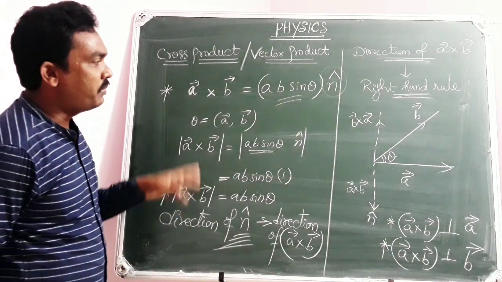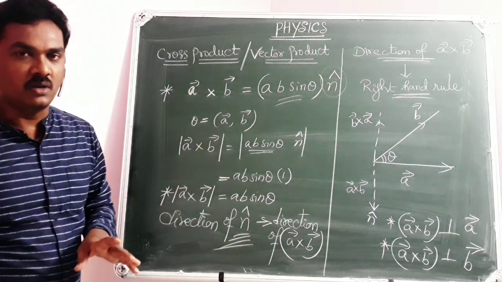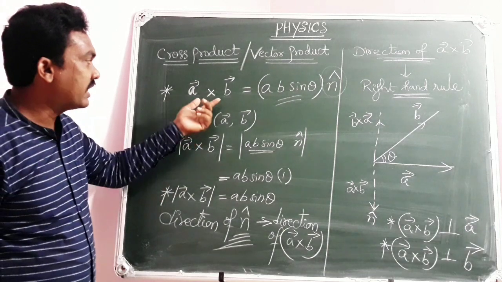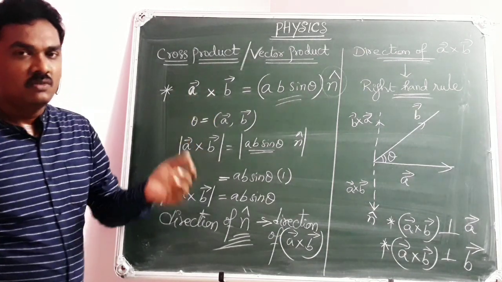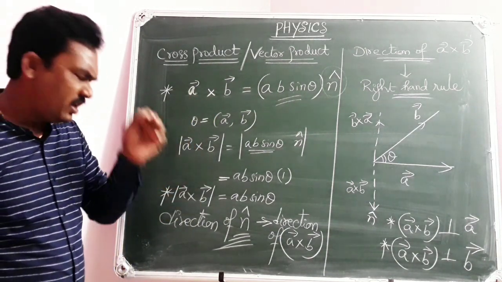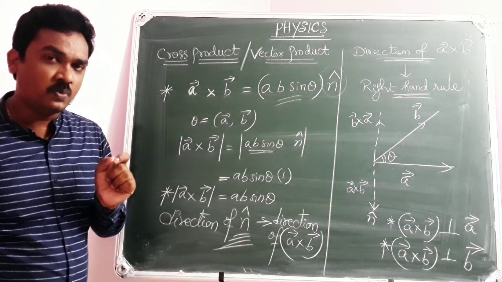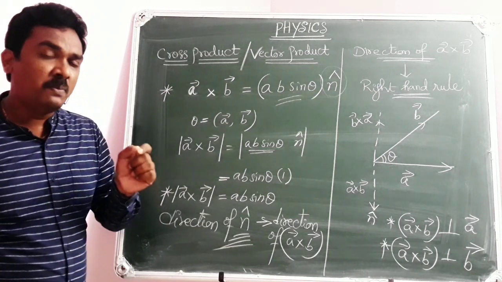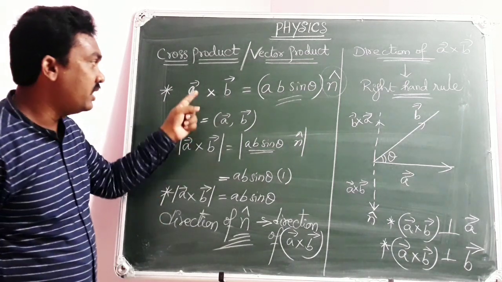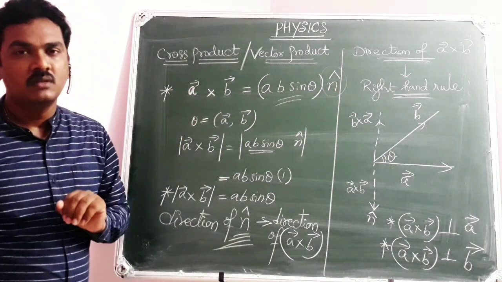So this is the brief introduction to the concept of cross product of two vector physical quantities, which is also a vector. The very important thing to remember here is that the direction of the cross product will be perpendicular to the plane containing the individual vectors.